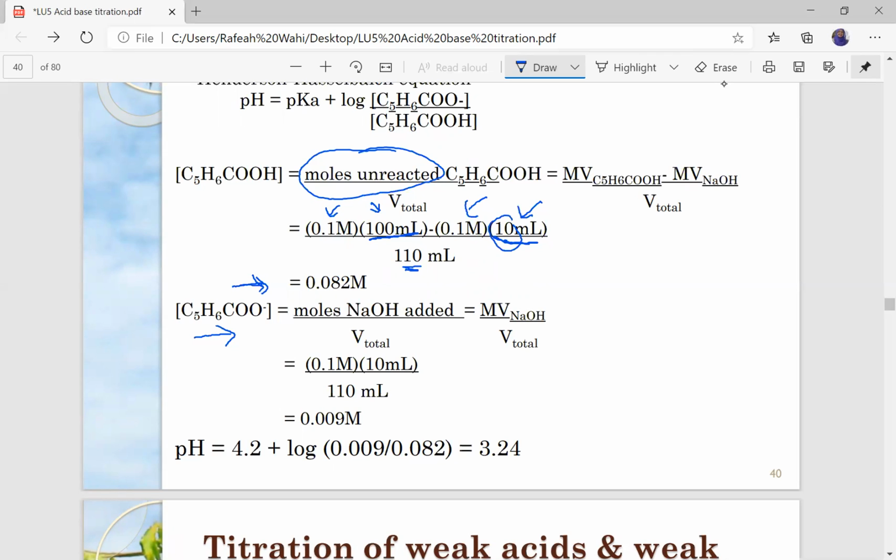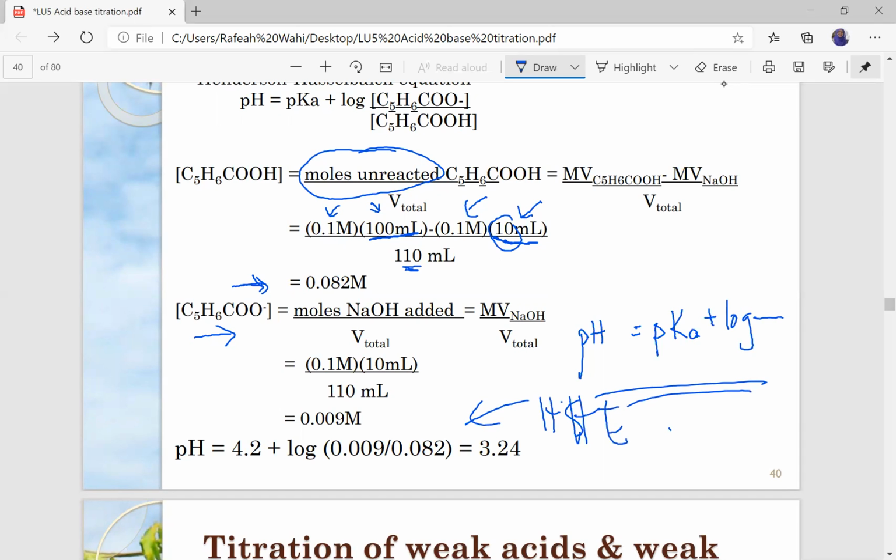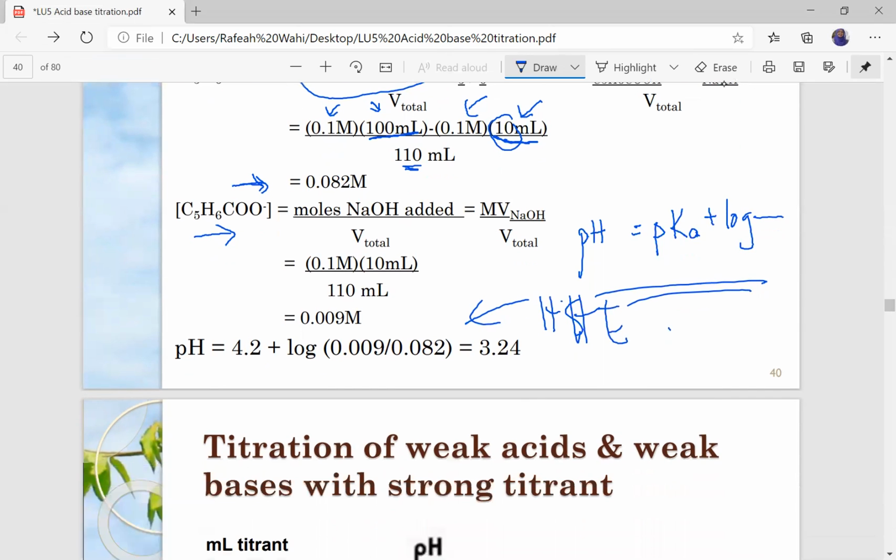So pH here is equal to, Henderson-Hasselbalch equation, remember, pH equals pKa plus log of base over acid. So you go back to the Henderson-Hasselbalch equation, and from here you can get the pH.